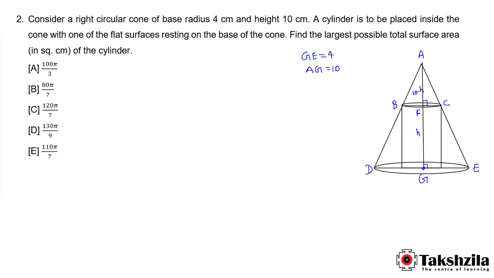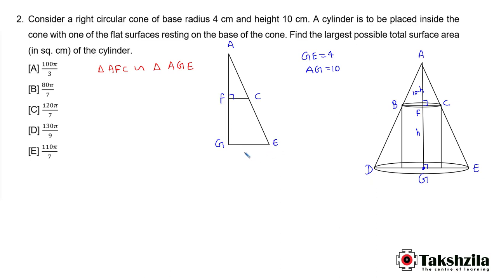So over here what we can conclude is triangle AFC is similar with triangle AGE. So which two triangles am I talking about? This is triangle AFC and this is triangle AGE.